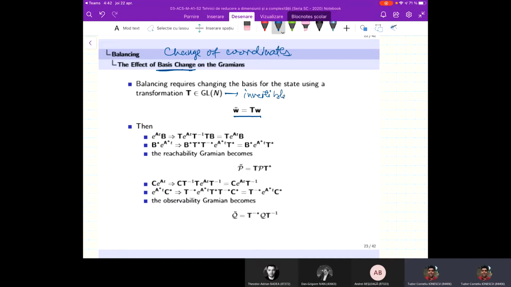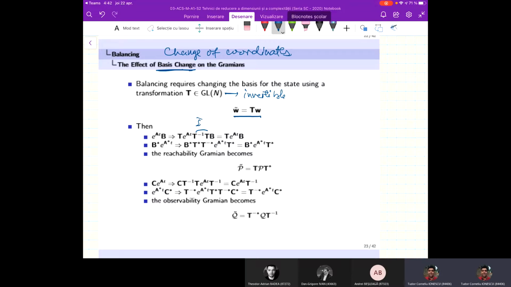So you just show now how the Gramians change. Because e to the power At times B, you can write it as T e^{At} T inverse T B, because this is the identity.